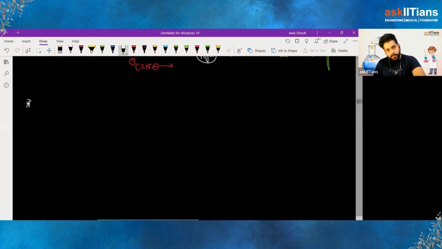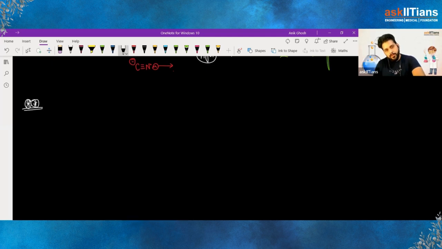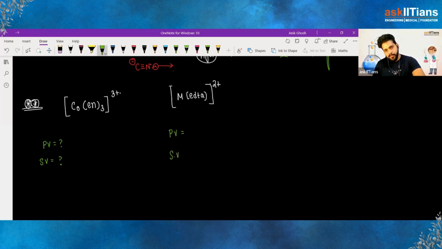Now, let's say I'm giving you a question which goes like this: Co(en)3 3+. Guys, you have to tell me the primary valence of the compound and the secondary valence of the compound. Do this, then M EDTA: primary valency of M and secondary valency of the central metal atom.